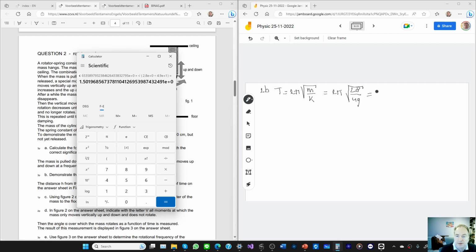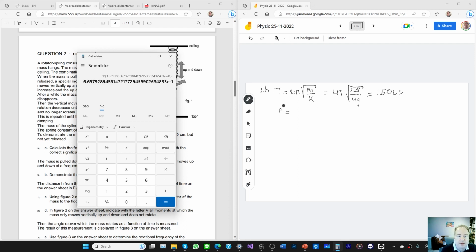So that is 1.5. Let's keep some more digits in the intermediate calculation. 2 seconds. That means the frequency, well, I can just take this intermediate number and do the inverse. Where is that again?